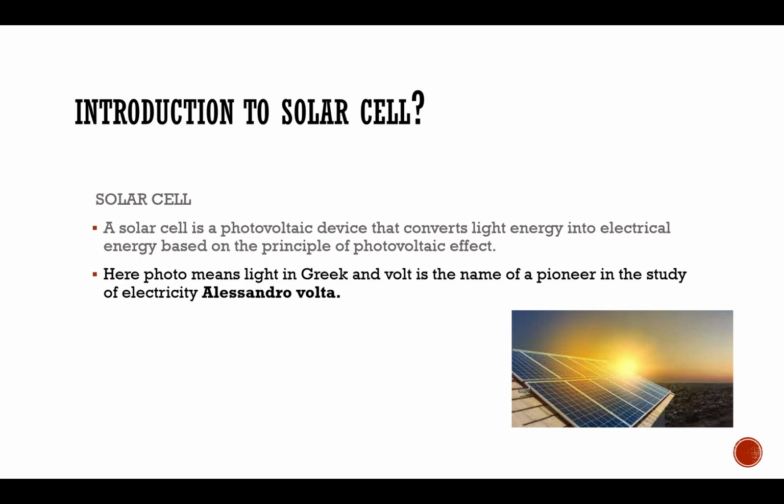Everyone knows sunlight, right? From sunlight, what do we get? We get the rays. When these rays fall on the solar, they will be absorbed by solars, and these sunlight rays will be converted into electricity. That electricity we'll be using for our essential needs.